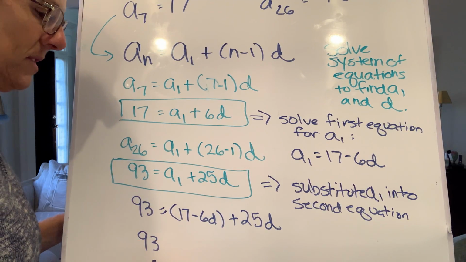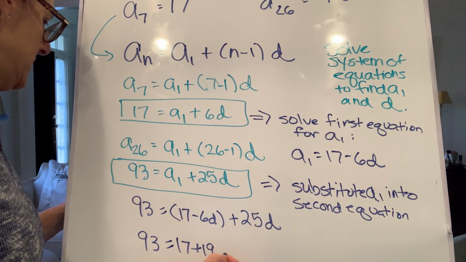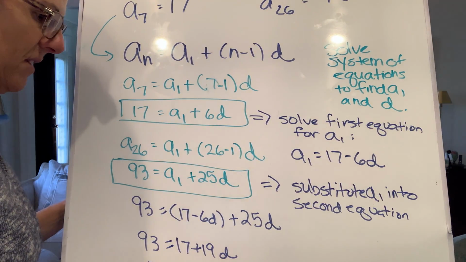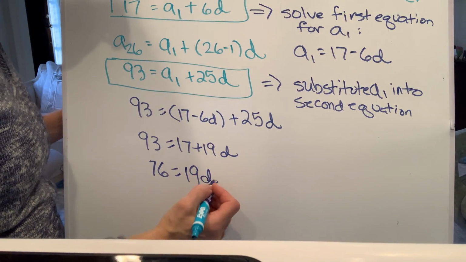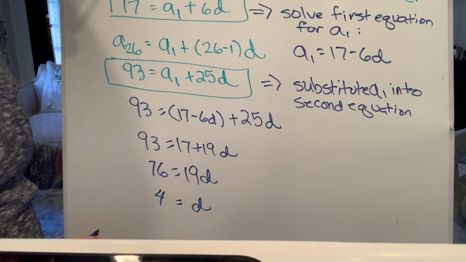I simplify that down, I get 17 plus 19D, subtract 17 from both sides, I get 76 equals 19D, divide both sides by 19, D equals 4.